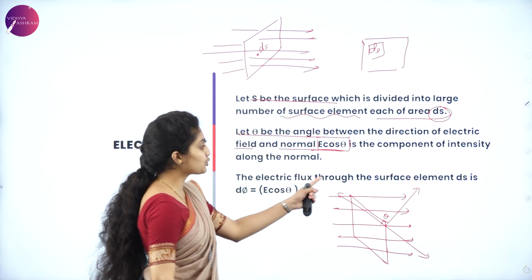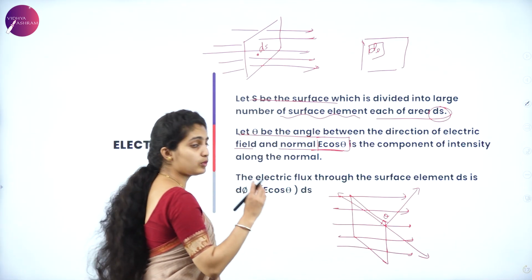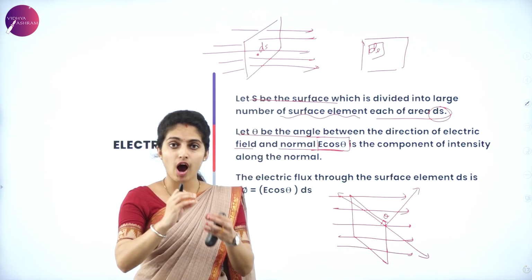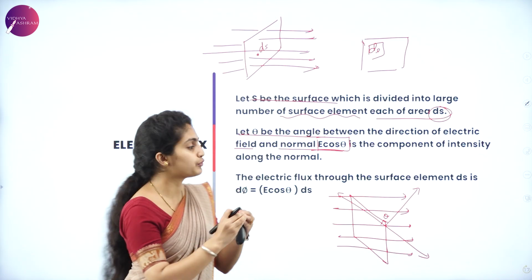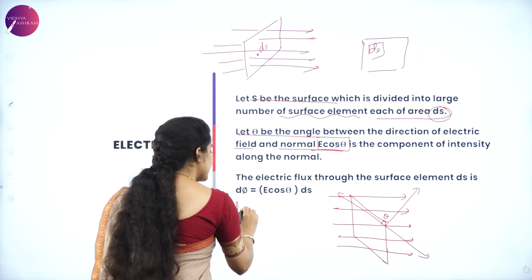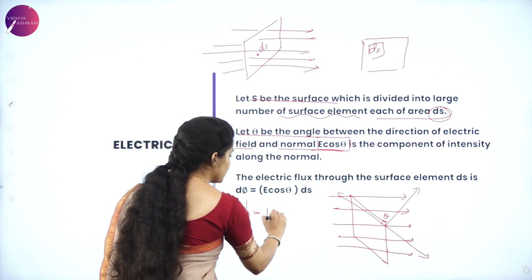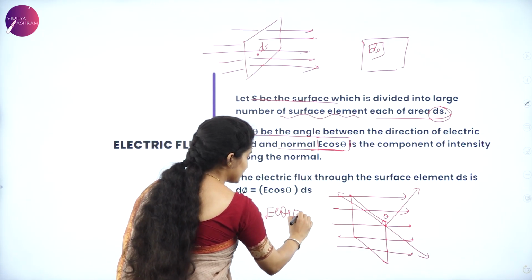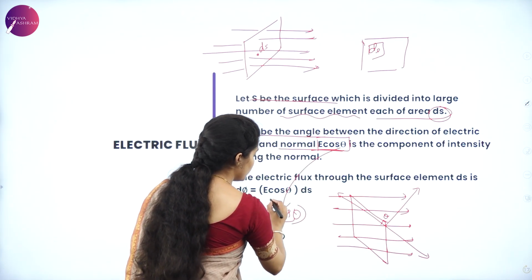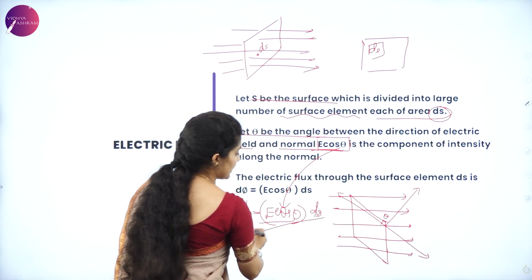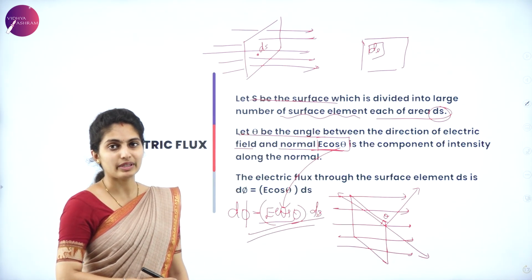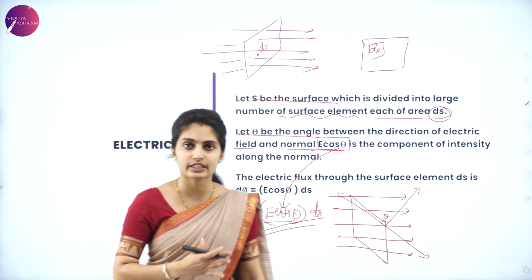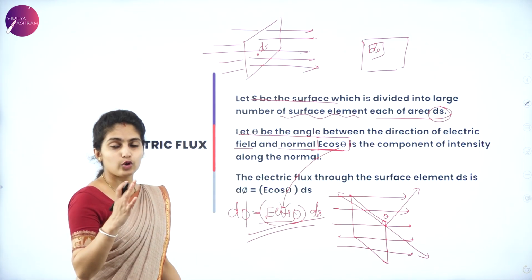The electric flux through the surface element ds. Suppose there is a surface element ds, how can you give the flux through that surface element? It can be given as d phi is equal to E cos theta, that is this part, into ds, the area of the surface element. This is how you give the electric flux formula. I hope you understood.